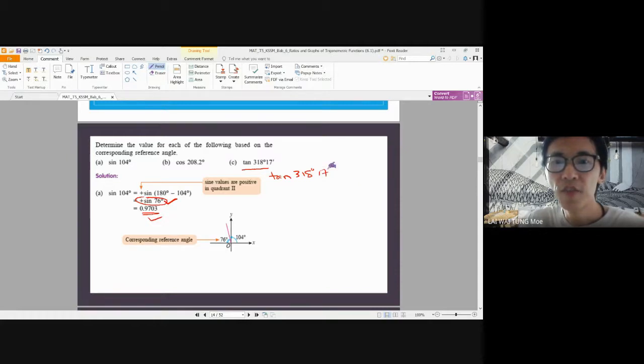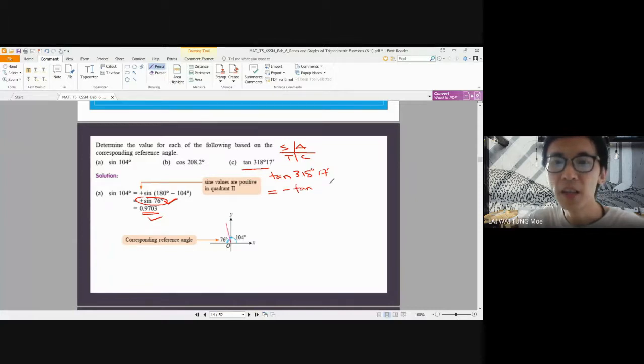We need to determine in which quadrant this angle is. This angle should be in the fourth quadrant. Using the acronym add sugar to coffee, in the fourth quadrant cos is positive, so tangent is negative. So you write negative tangent.